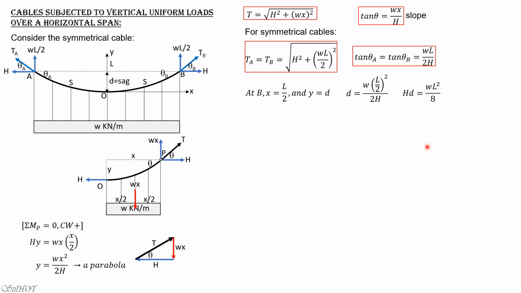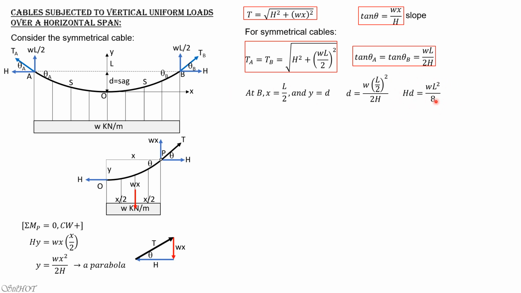If you're going to interpret this result, remember the general cable theorem. If we imagine a beam here loaded with this uniform load, remember that the maximum moment occurs at the center of the beam, and it is equal to WL squared over 8. And actually, this is the application of the general cable theorem.